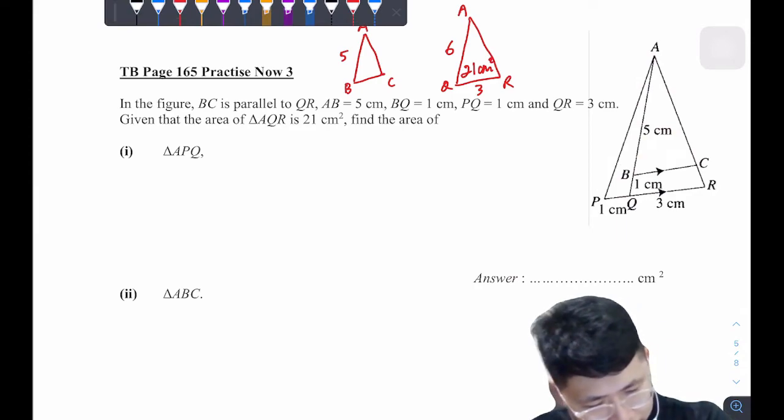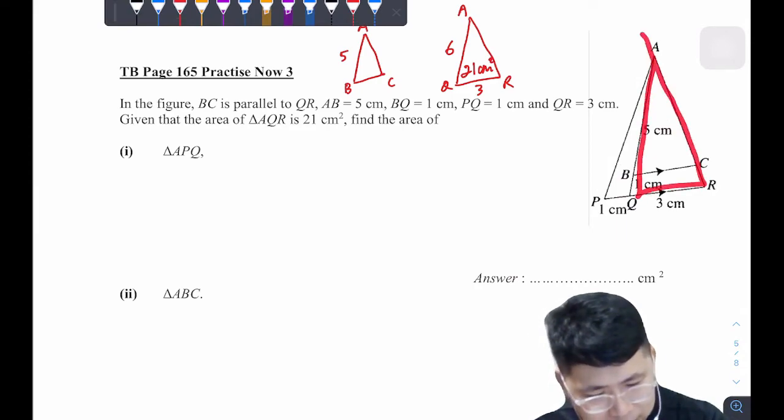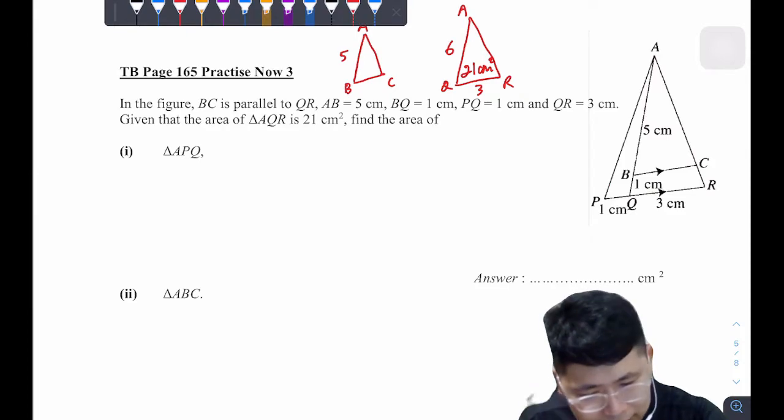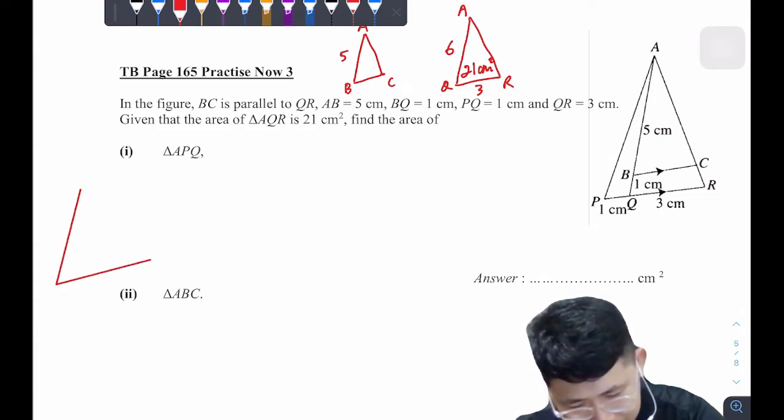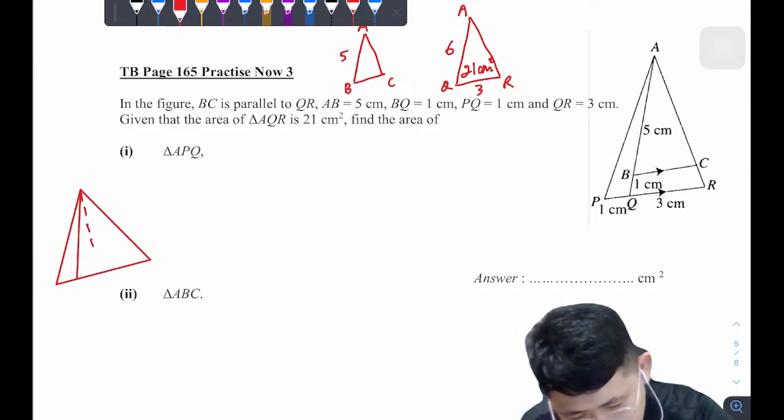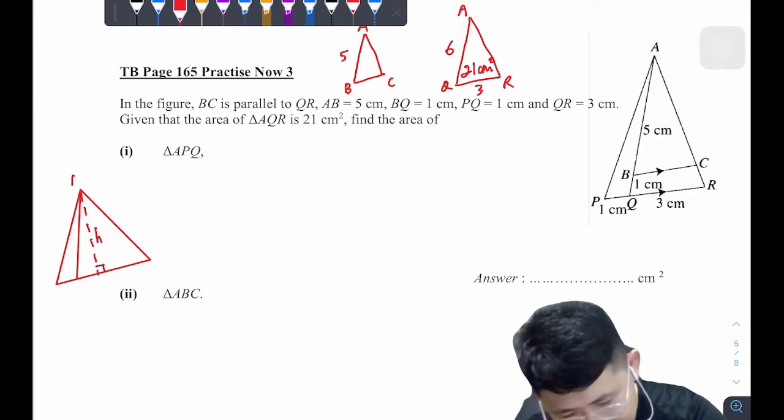If you want me to draw this out, it looks something like this, and I'm going to draw that common height for you to see. So A, P, Q, R, 1, 2, 3.